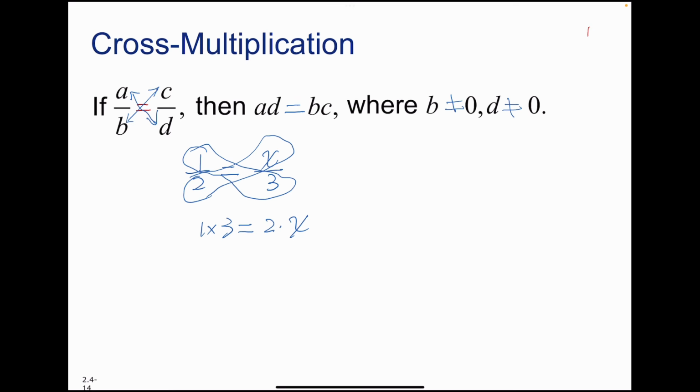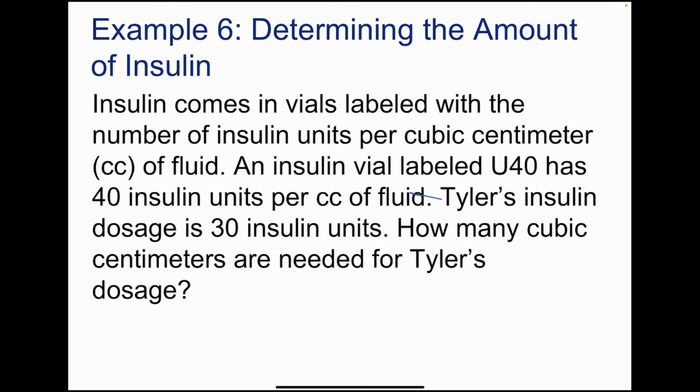Or this is the same as 2x equals 1 times 3, which is 3, right? So 2x equals 3, so x equals 3/2 in this case. So that would be your solution when you set up the proportions, or set up the equality of two ratios. Okay. Just like this example here.